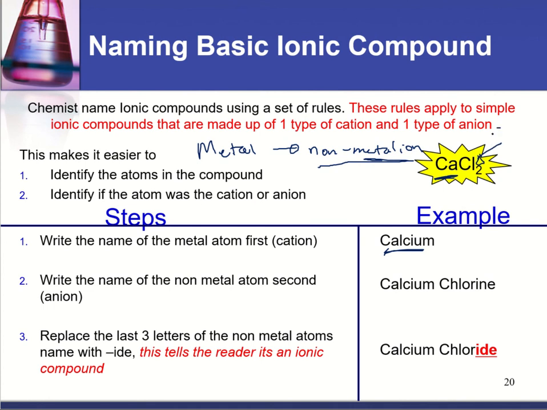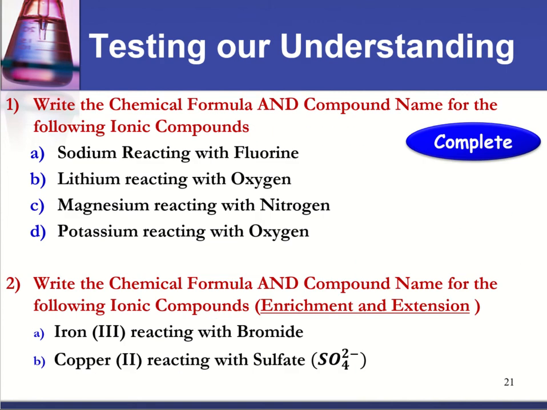Here, Cl is chlorine. There's a really simple method. You can see this naming that we have here, chlorine: you get rid of the last three letters and you add -ide. So it's going to be called calcium chloride. And that's how you name your ionic compound.